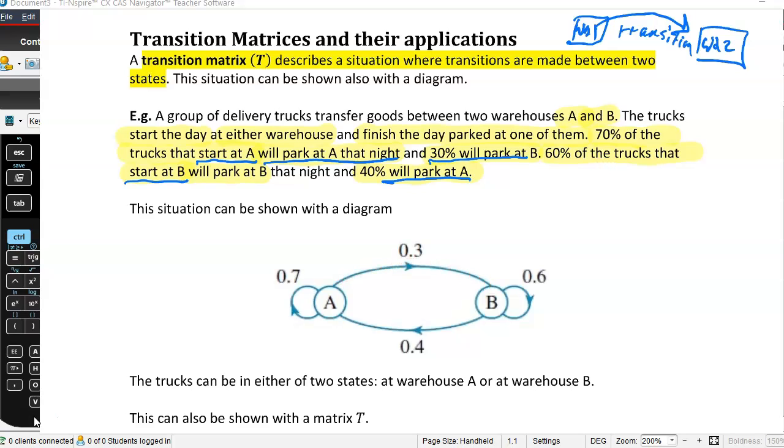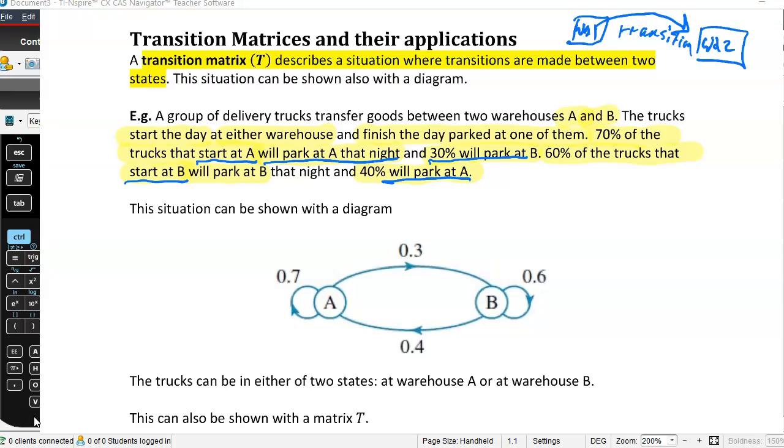60% of the trucks that start at B will end at B. You can see that with that little loop there with the arrow and the decimal indicated there. We can write in decimals or percentages. I think it's far more usual in diagrams to use decimals.